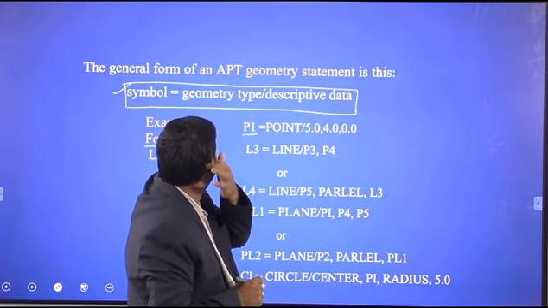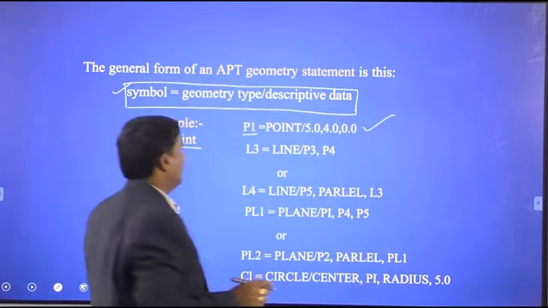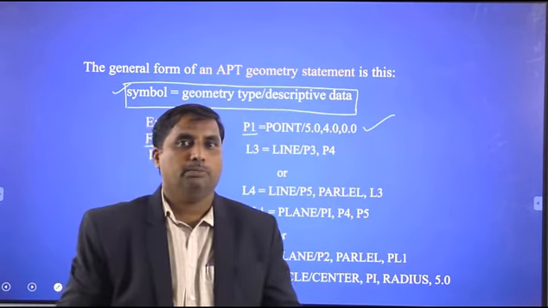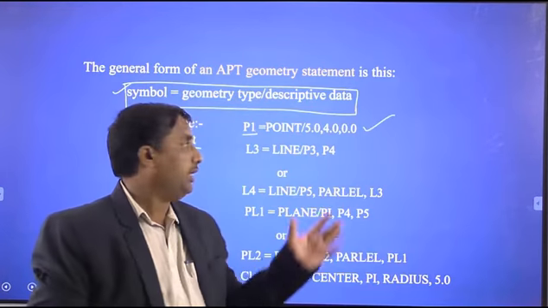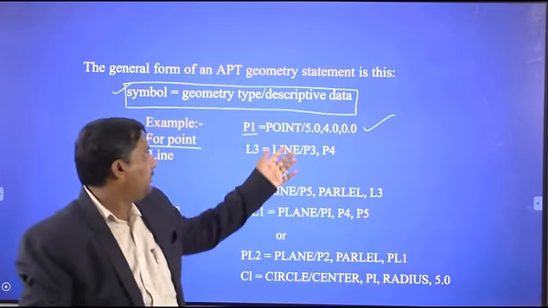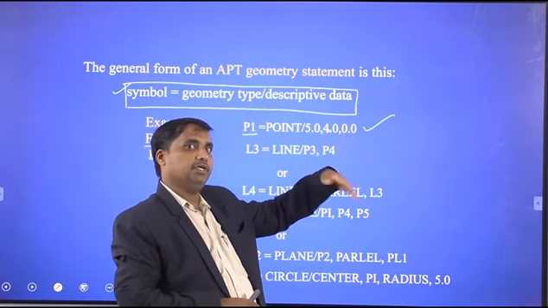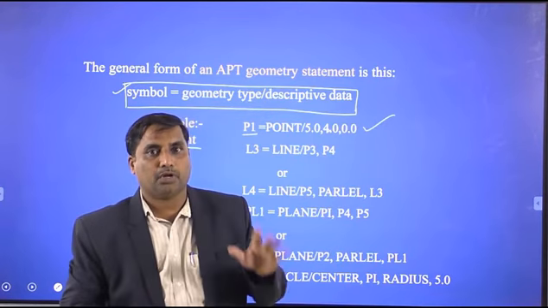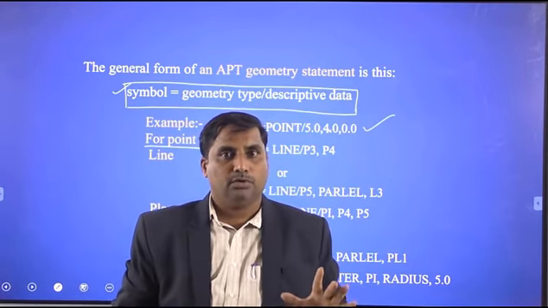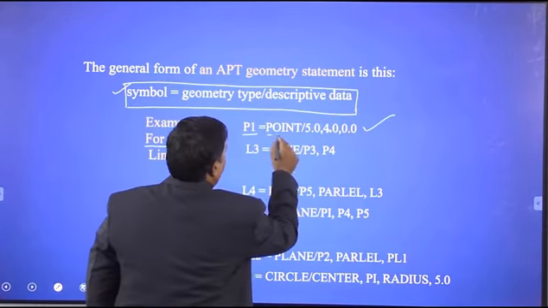So like this we can define a point directly: P1 equal to point / 5, 4, 0. You can represent any x value, any y value, any z value. That depends upon the work part we are going to do the machining operation on. So this is the definition of the point.